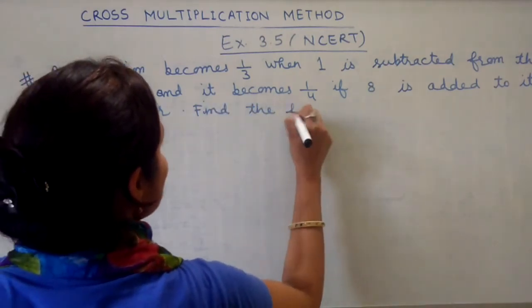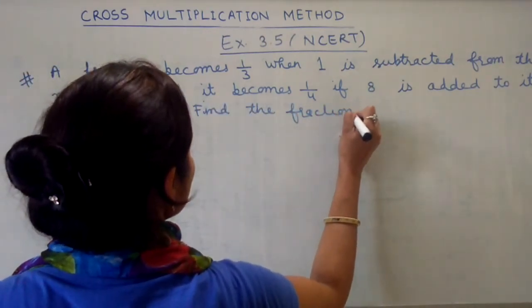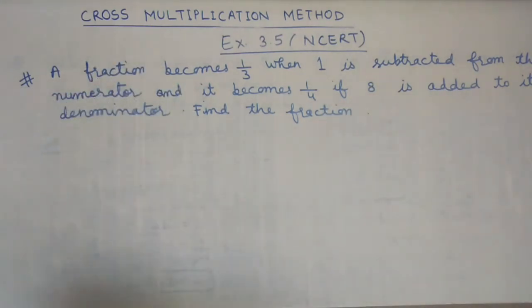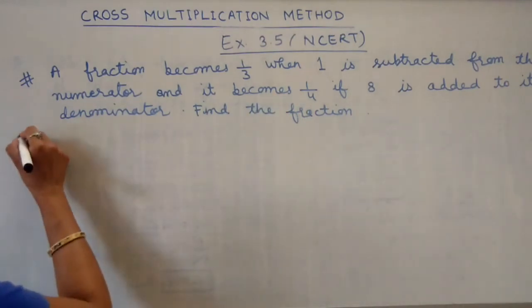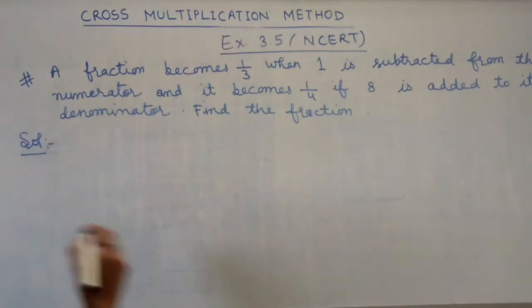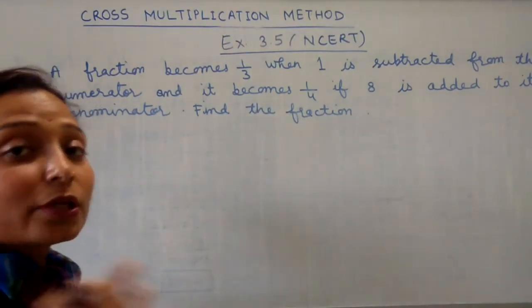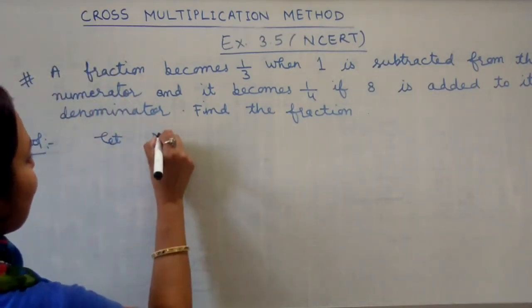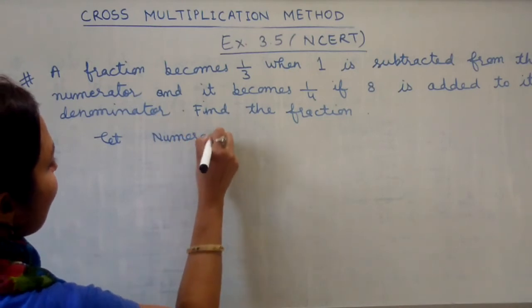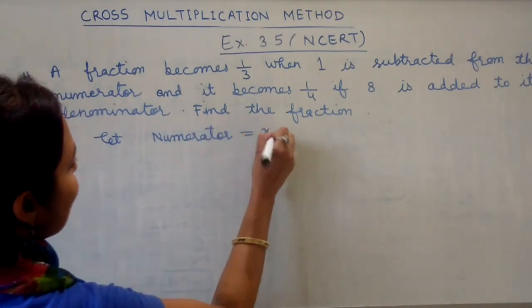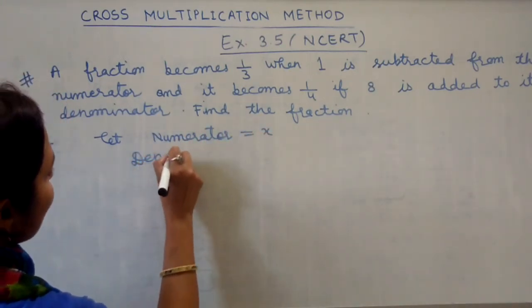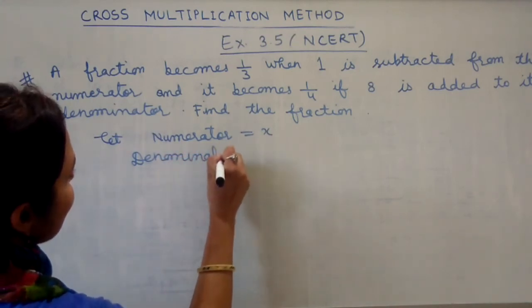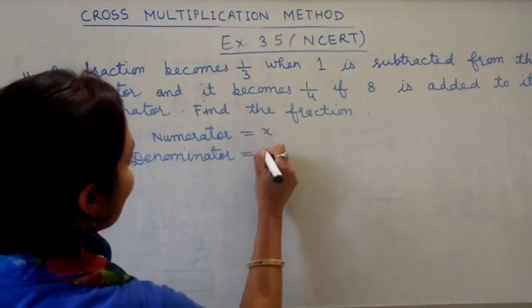The question is very, very simple: how to find the fraction, that is, how you can make the equation and find the fraction by using numerator and denominator. So let numerator be equal to x, denominator be equal to y.